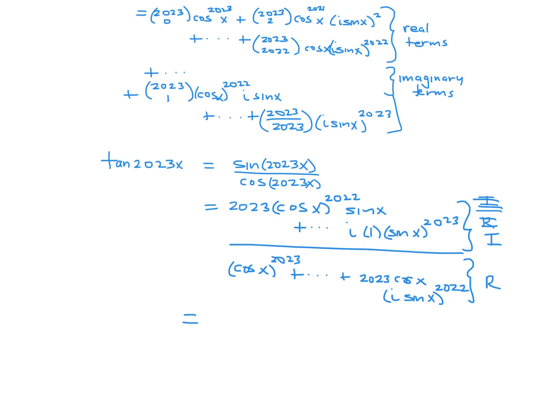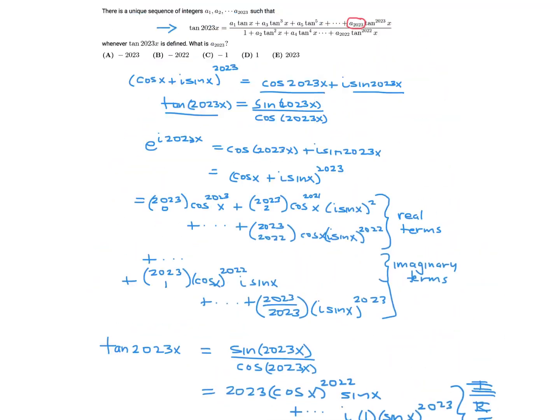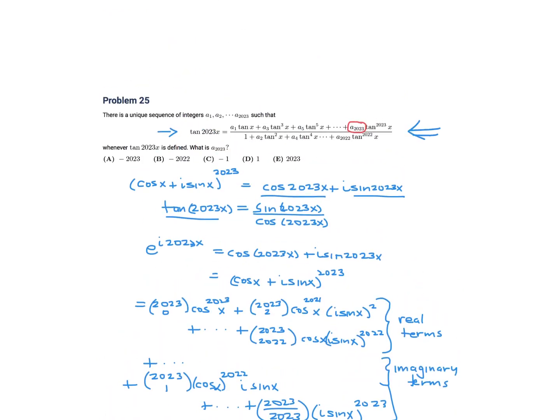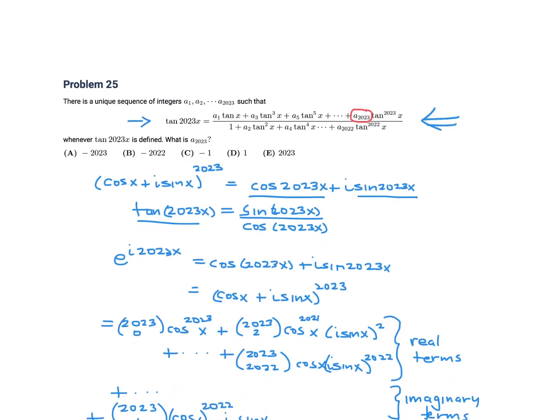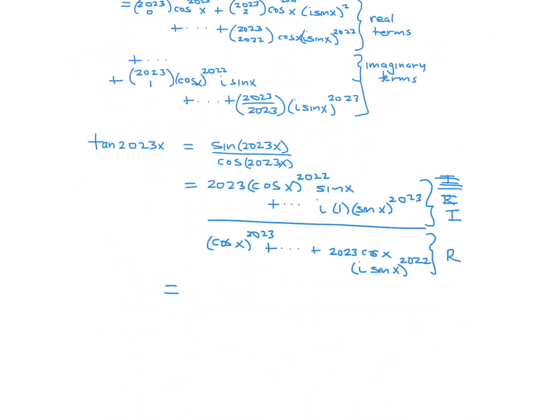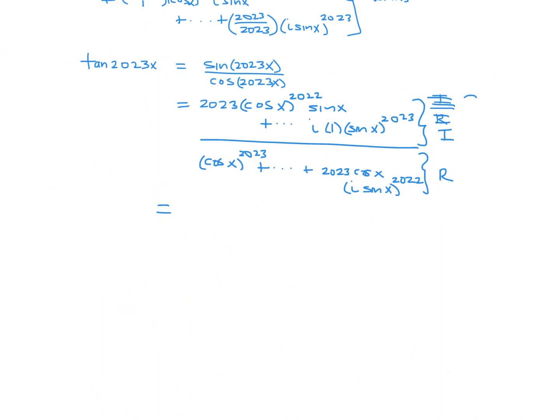Okay, so now let's figure out the coefficients here. We make this whole expression look like this guy, and if you look closely, that has all tans in it on the right side. So we have to do that on this one. How do we get all of this to have tans? We'll divide top and bottom by the cos of x to the power of 2023, and that should do it, I believe.